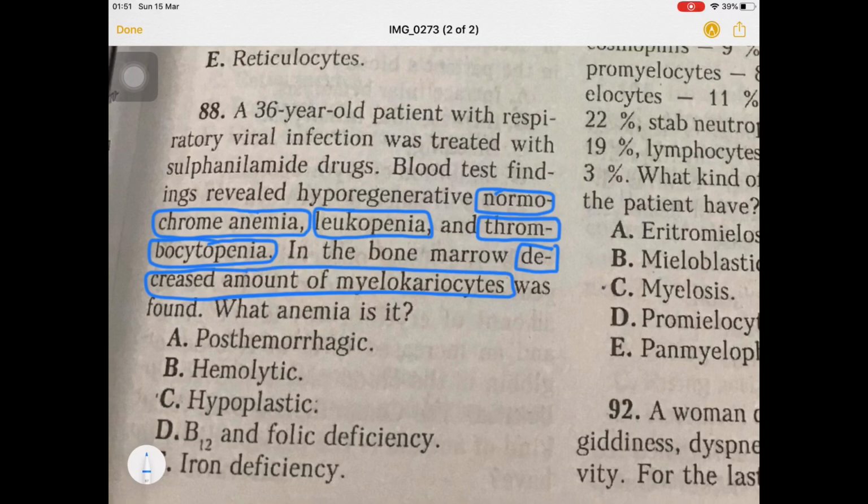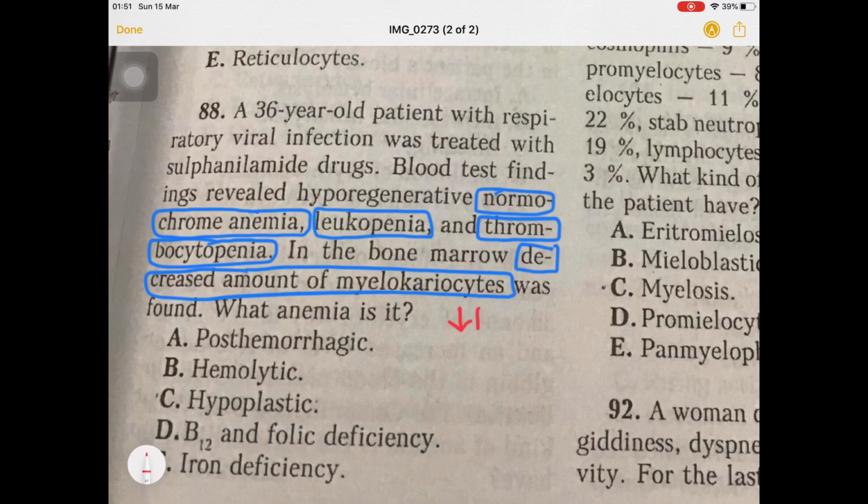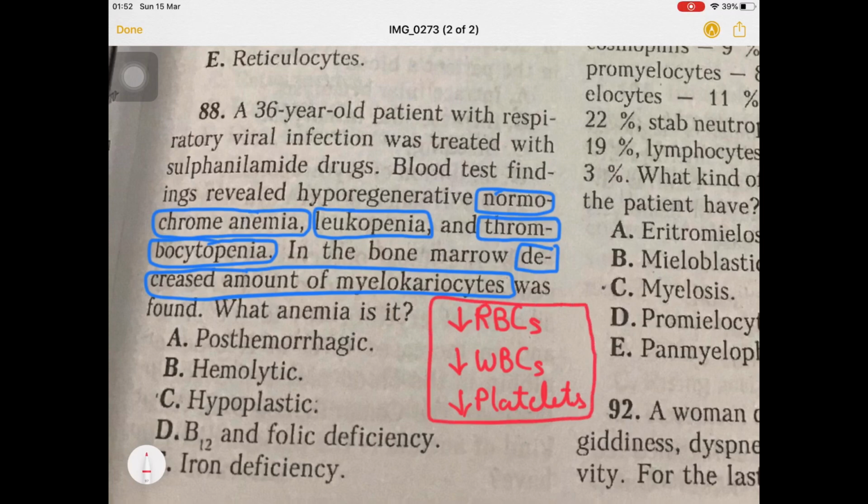So what can I say over here? That I am having the problem of deficiency of RBCs. This patient is also having the deficiency of WBCs, and this patient is also having the deficiency of platelets. So I can clearly say that these three things are the finding of which anemia?